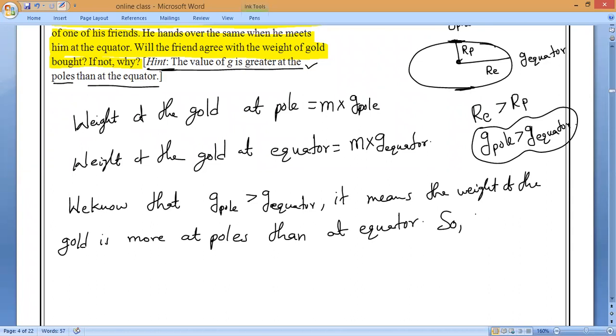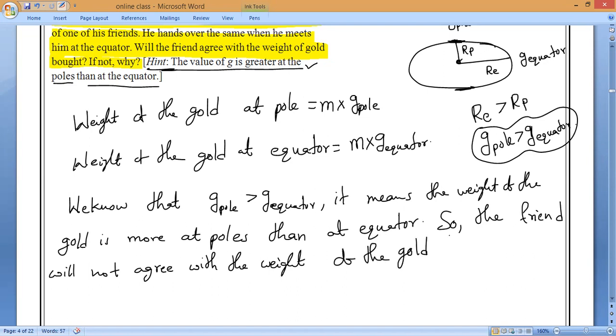So the friend will not agree with the weight of the gold bar.